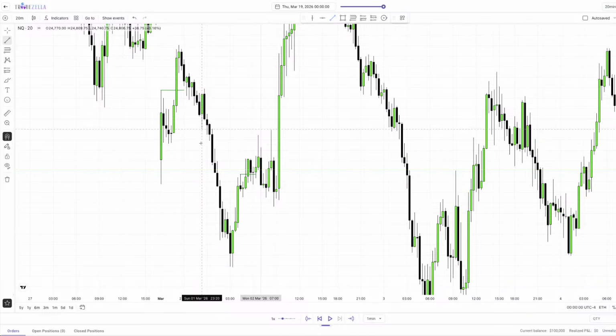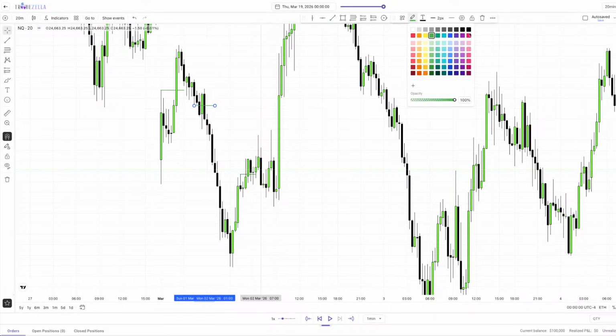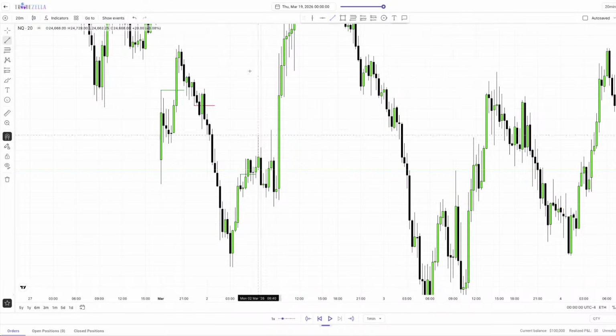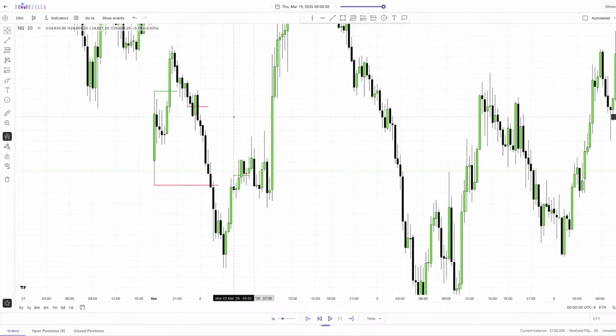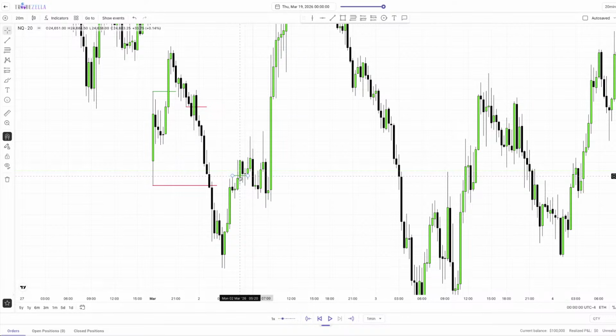So 2 plus 2, this is an IPTA low, so we will make that in red. So in this case, we have one displacement to the upside, one displacement to the downside, and another displacement to the downside.